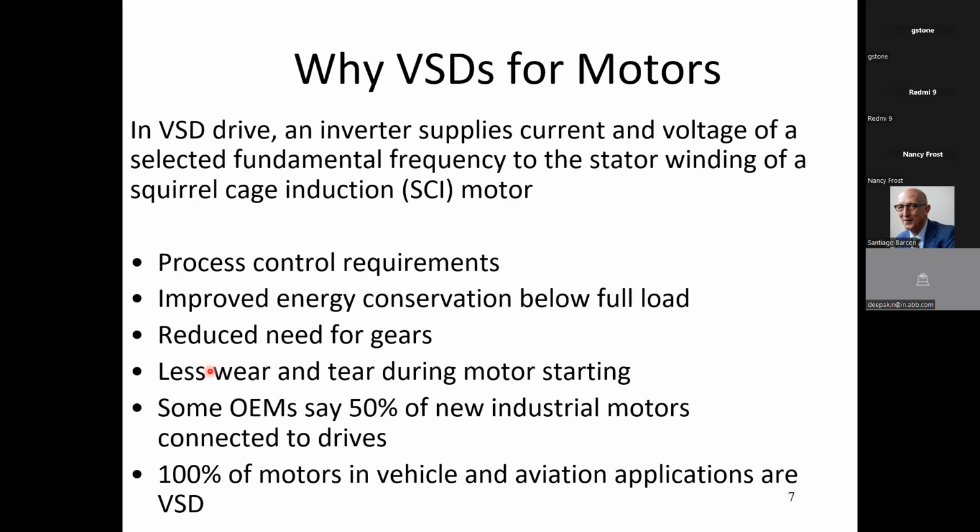And of course, some of the fastest growing applications of variable speed drives and motors are in electric vehicles or hybrid vehicles and aviation applications, where all the motors in modern aircraft and industrial applications, and electric vehicles rather, are connected to drives.